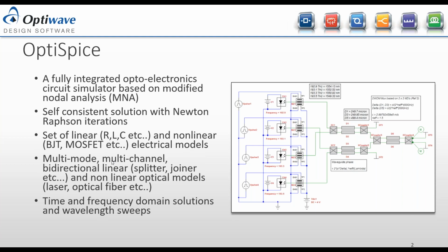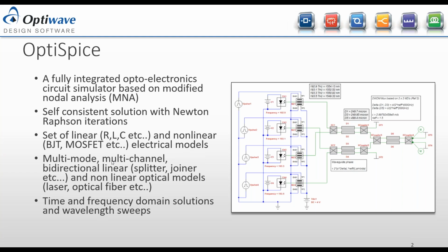Our OptiSPICE has both linear and nonlinear electrical components. We have the well-known resistor, capacitor, and inductor as linear components, and for nonlinear we have transistors, BJT, and MOSFET models. So it does what a regular SPICE does.